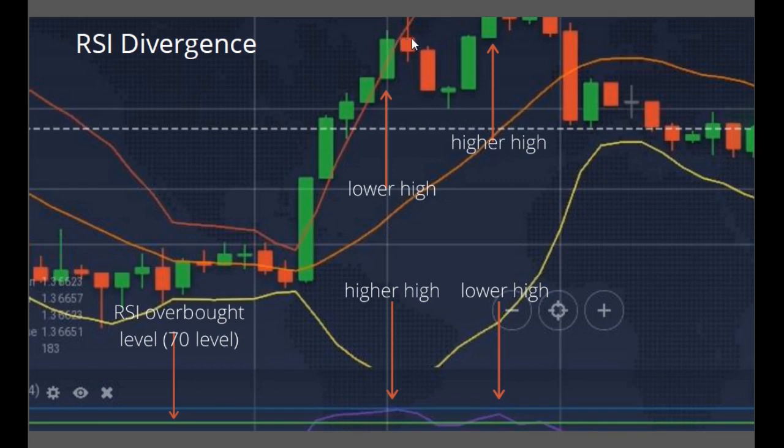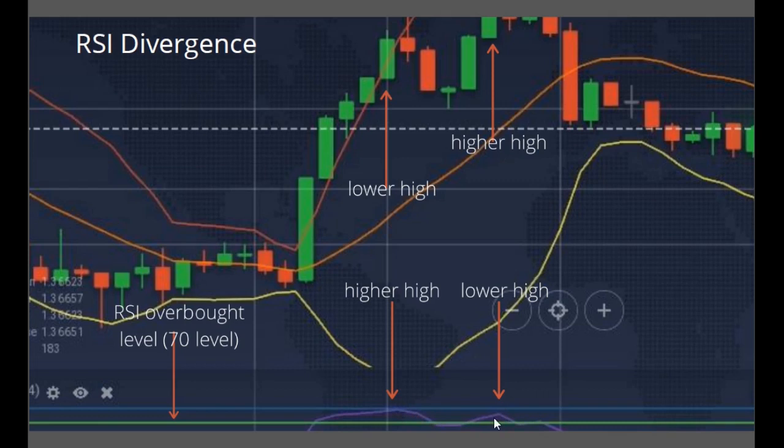So you see the higher high from the chart. That level is higher, but it does not form a corresponding higher high on the RSI. Whenever that happens, it's called a divergence. Once again, I repeat, the higher high on the chart is not producing a higher high on the RSI, but a lower one.